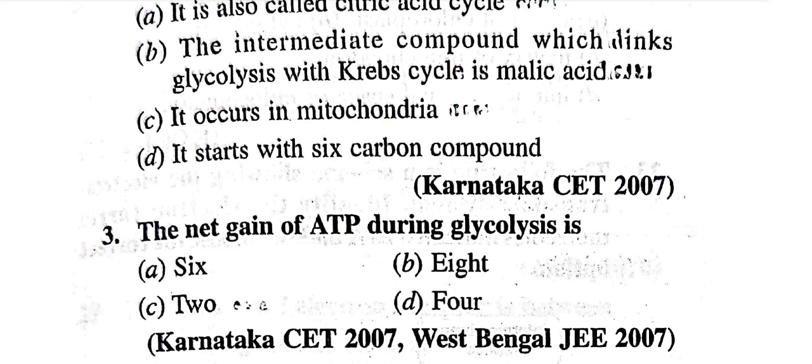It is very important to understand. From glucose 6 phosphate to fructose 6 phosphate, from fructose 6 phosphate to fructose 1,6 bisphosphate, then it will split to form 3-phosphoglyceraldehyde and dihydroxyacetone phosphate.